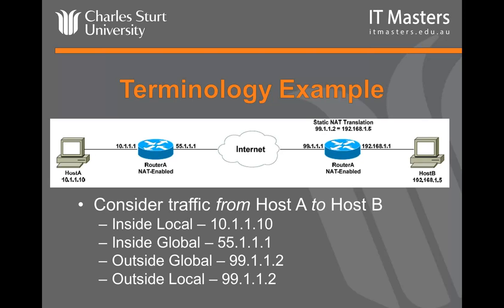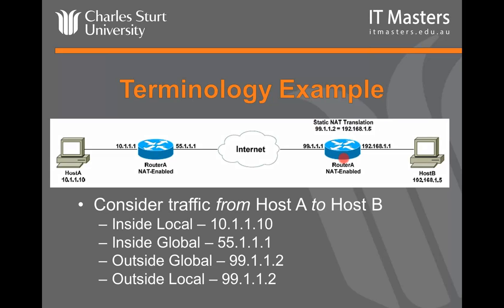On the other side, the outside, you'll see in the note here, static NAT translation 99.1.1.2 to 192.168.1.5. So there's a static translation on this router A, and yes, I know there's two router A's. Just take it that this one is in reference to this organisation, and this one's in reference to this organisation.